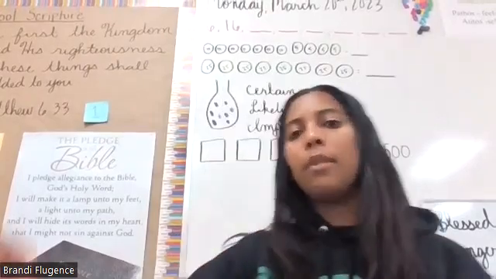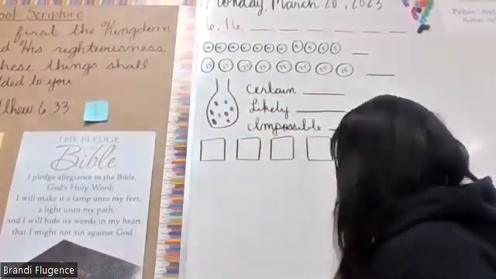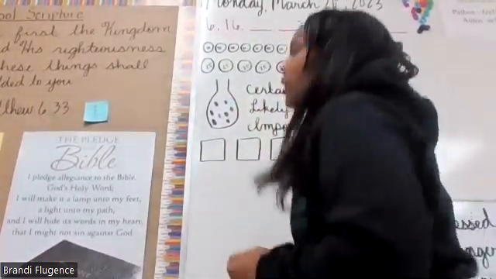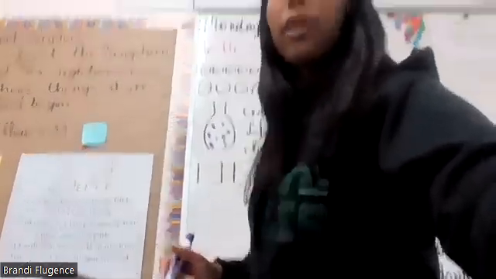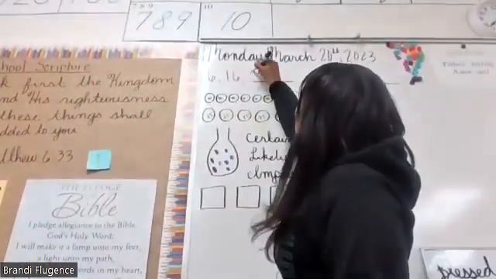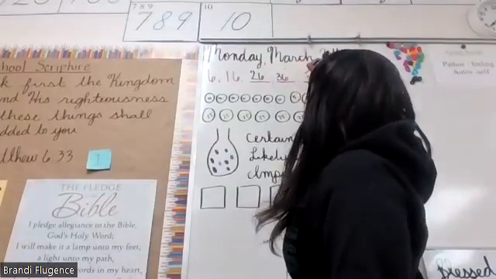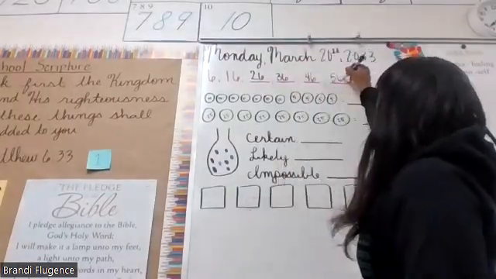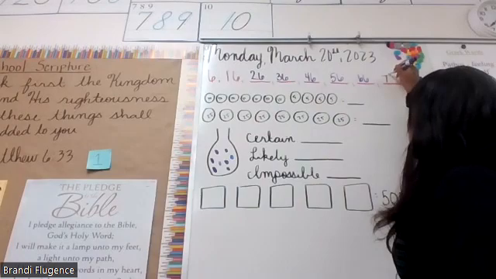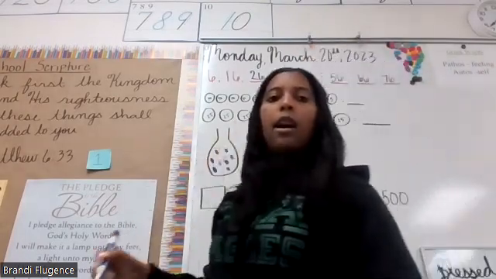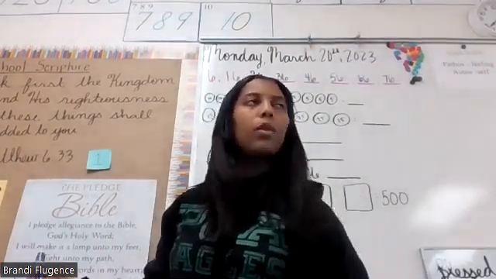All right, so let's look at my counting by tens with 6. I have 6, 16. Just tell me, where are we going after that? 26, 36, 46, 56, 66, 76. All right, let's count by tens with 9.